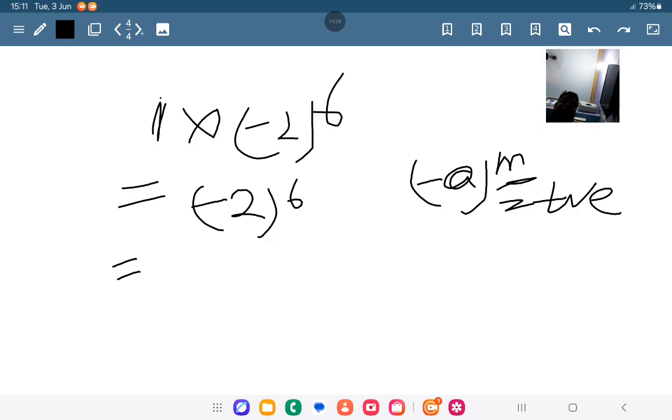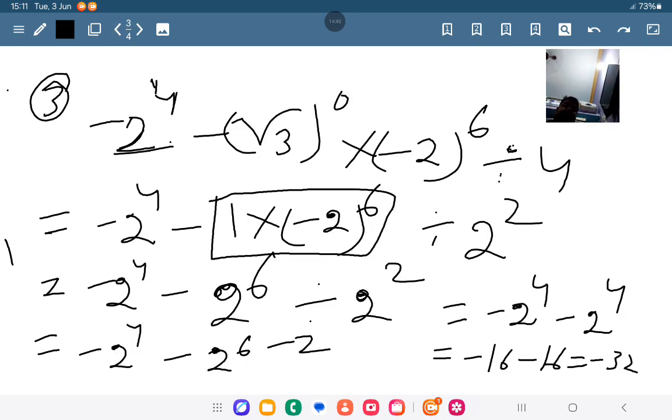Here the power 6 is an even number, that's why its value will be positive, 2 to the power 6. Yesterday we have discussed it. Okay, that's why I have written here its value is 2 to the power 6.